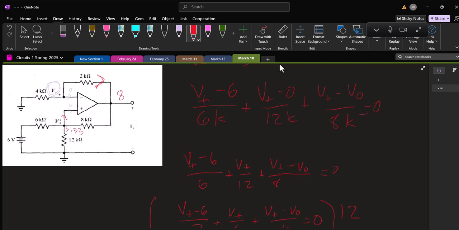5.333. Okay, now that would mean that the current here is 8 minus 5.333 divided by 8 kiloohms.